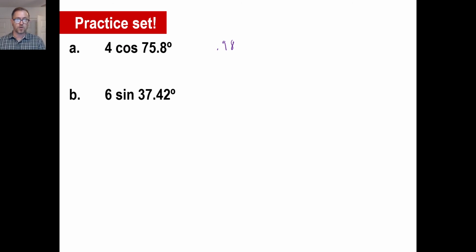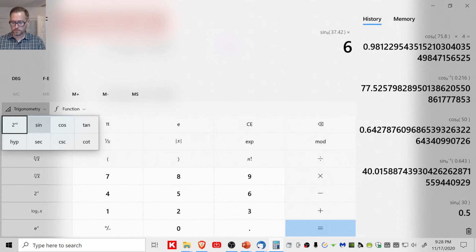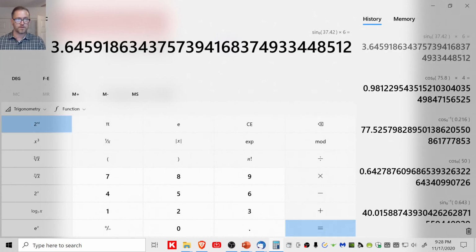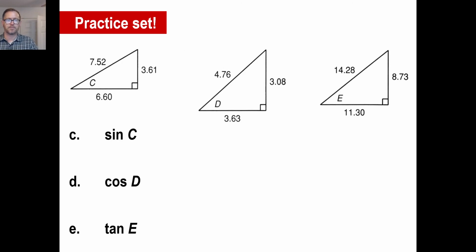So the side across from the angle will be like 60.7% of the hypotenuse, all right? We're going to multiply that by 6. And that'll give us 3.64, I guess. Okay, 3.64. All right, pause it and try C.